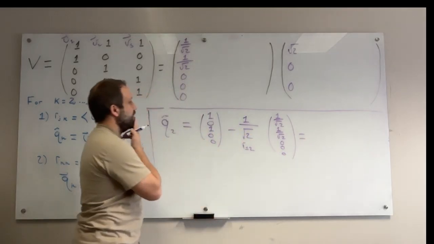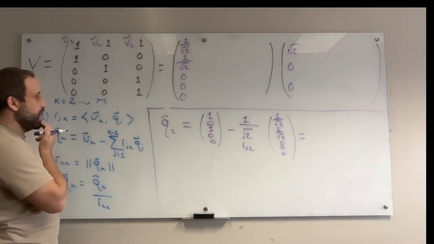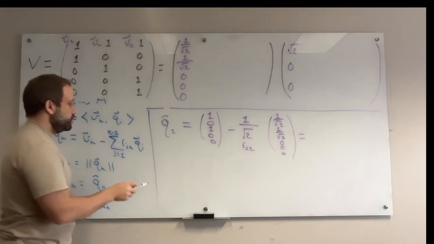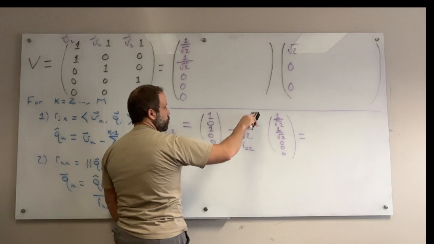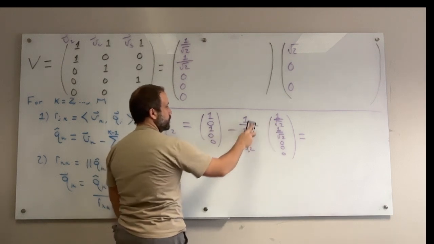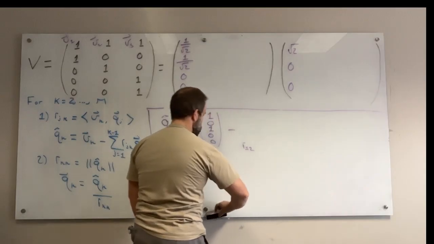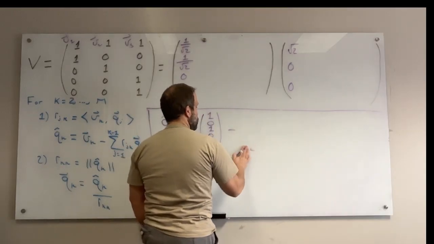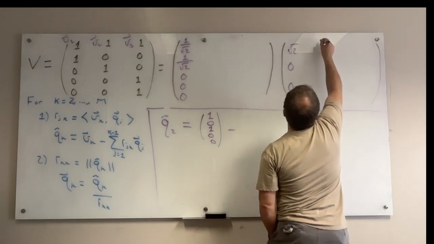Okay, now what do we get here? Well, there's a square root on the outside and a square root on the inside. So I'm just going to do this multiplication in place, but when we do 1 over the square root of 2 times 1 over the square root of 2, we just get 1/2 on the inside. So R12 is 1 over the square root of 2.